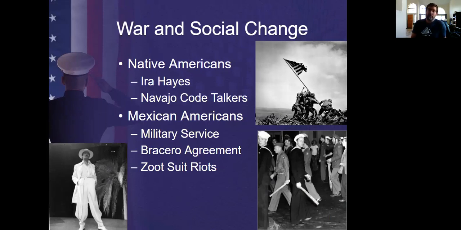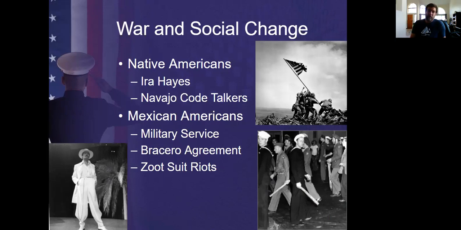Like we've seen many times, when groups are demanding and gaining rights, there are oftentimes backlashes. One of the more significant examples of this was the Zoot Suit riots in LA. The Zoot Suit was a kind of white suit. It was a status of fashion, worn predominantly by Mexican Americans.